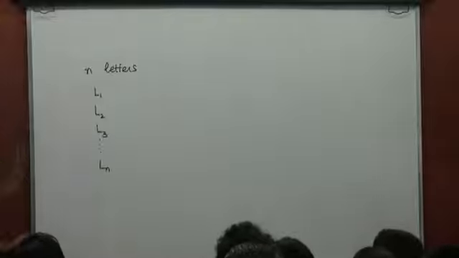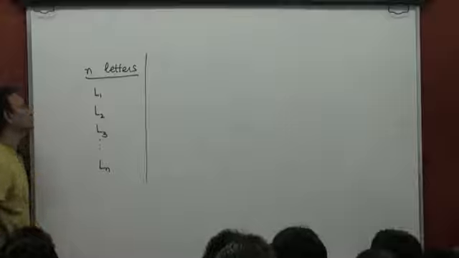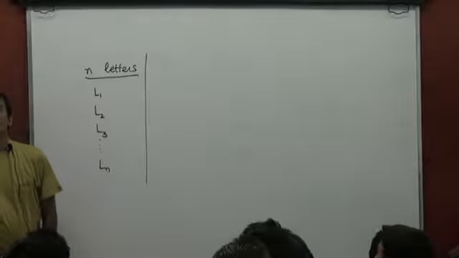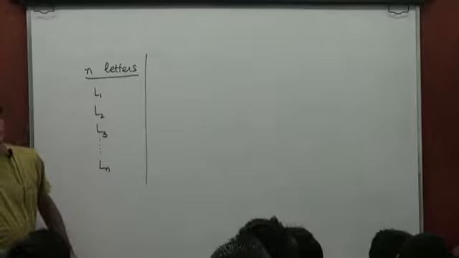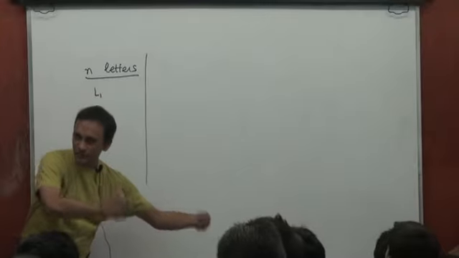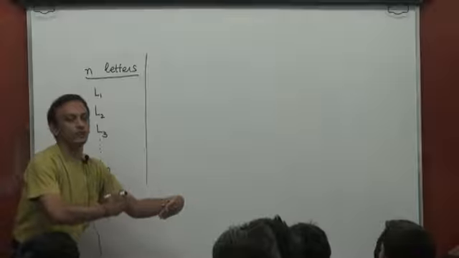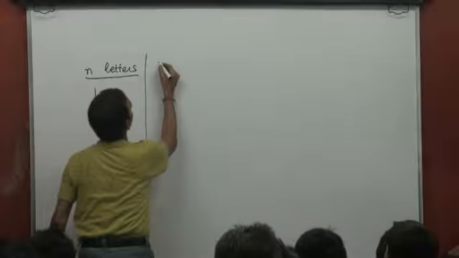Right? And there are n designated envelopes. For letter L1, there is an addressed envelope, refer to that as E1. For L2, there is an addressed envelope, refer to that as E2, and so on and so forth.